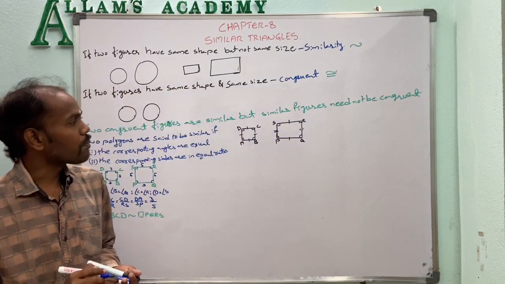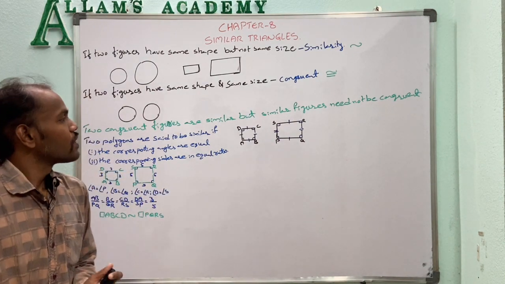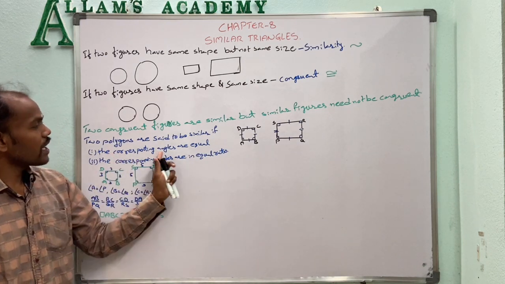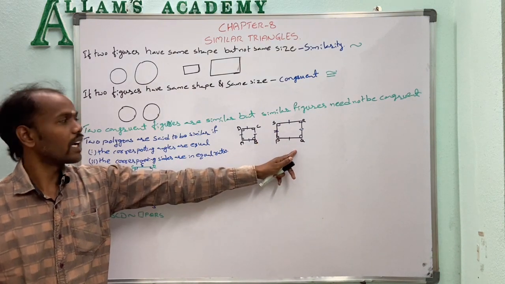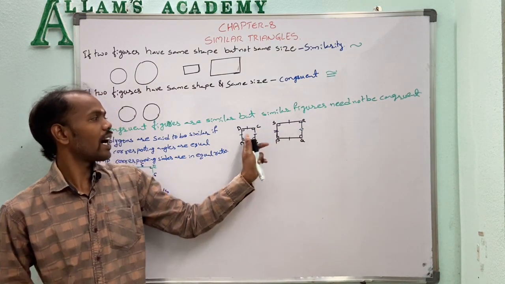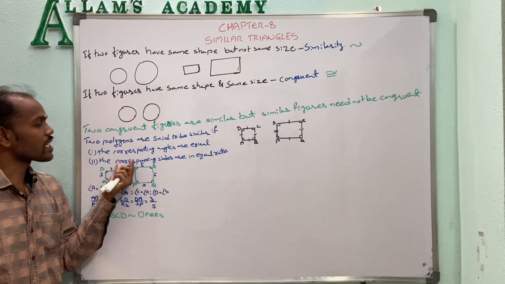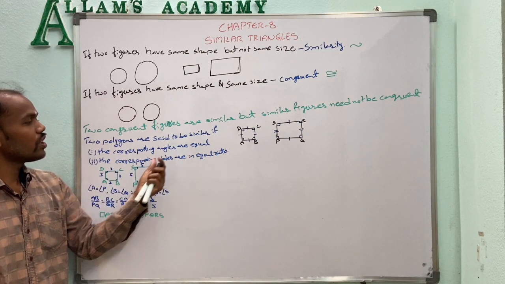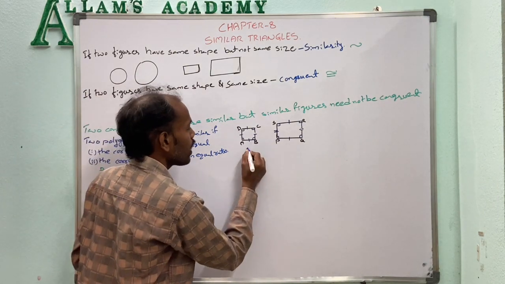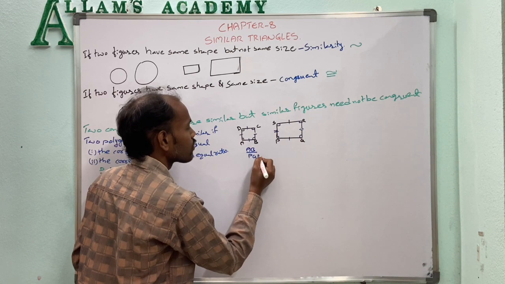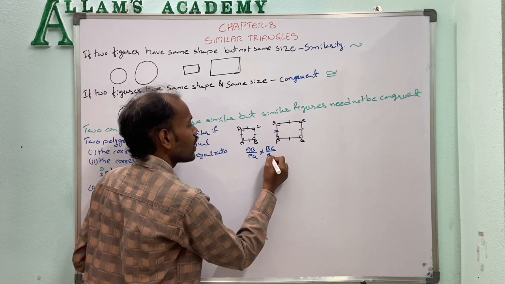So the corresponding angles are equal: angle A equals angle P, angle B equals angle Q, angle C equals angle R, angle D equals angle S. But the corresponding sides ratios need to be equal too. Here AB by PQ is not equal to BC by QR.